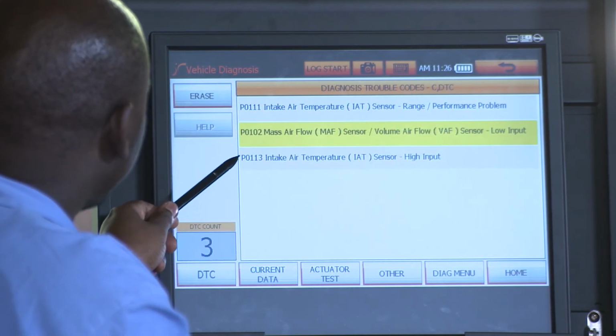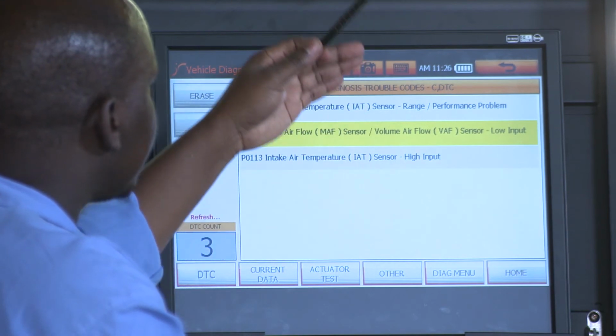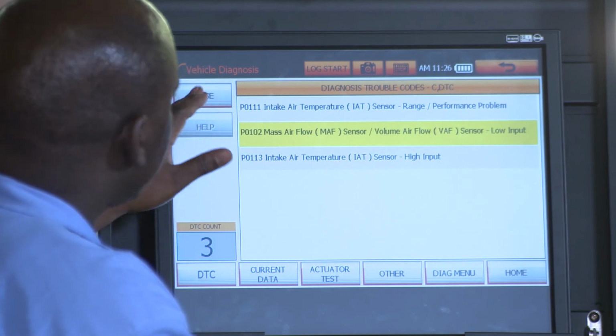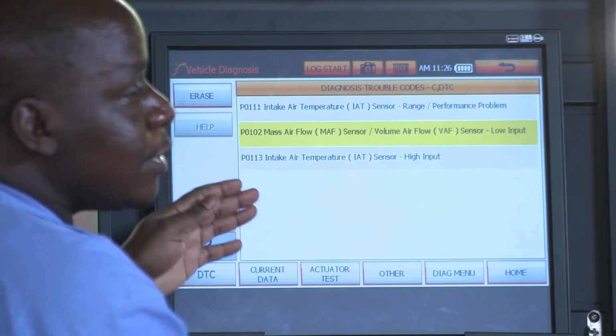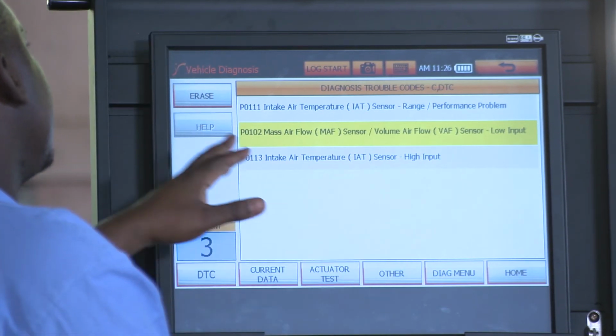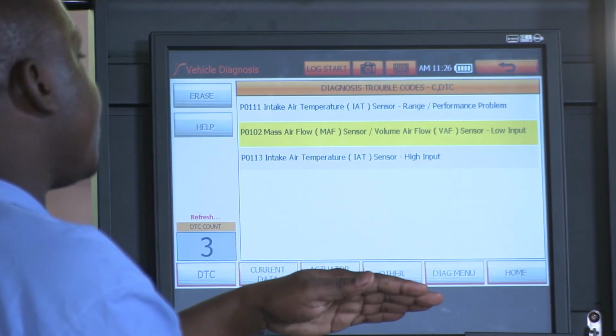The third one, P0113, intake air temperature sensor, high input. Those two, the first and the third one, are similar. They deal with one sensor, the intake air temperature sensor. And the other one deals with the mass airflow sensor.